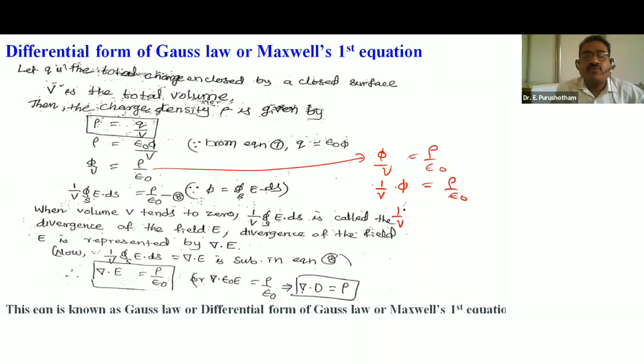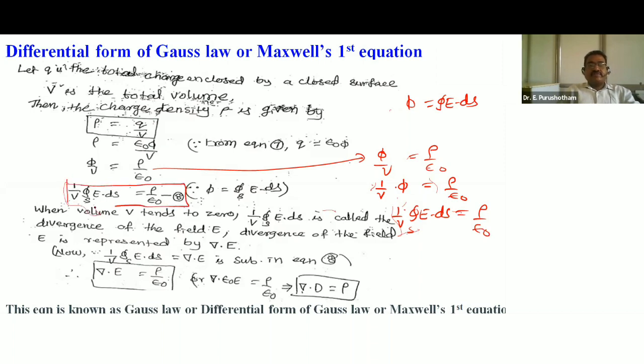So what is phi? Phi is equal to the surface integral of E dot ds, we know very well. So 1 by V times the surface integral of E dot ds is equal to rho by epsilon naught. You can see here as equation 8.